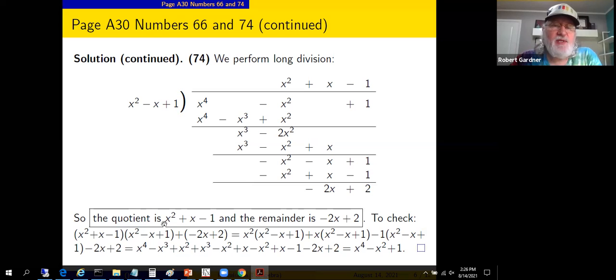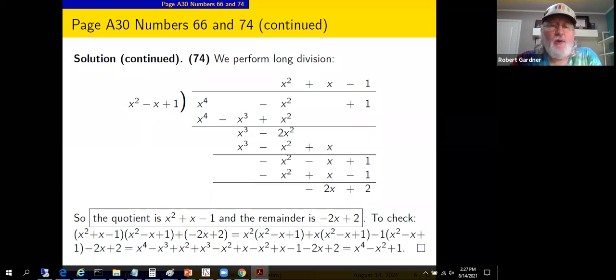Let's distribute this term over the x squared, the x, and the negative 1. So we'll have x squared times this term, x squared times that term, x times that term, x times that term, and negative 1 times that term. Negative 1 times that term. And then we'll have the remainder. Let's drop the parentheses on that. Gives us a negative 2x plus 2.